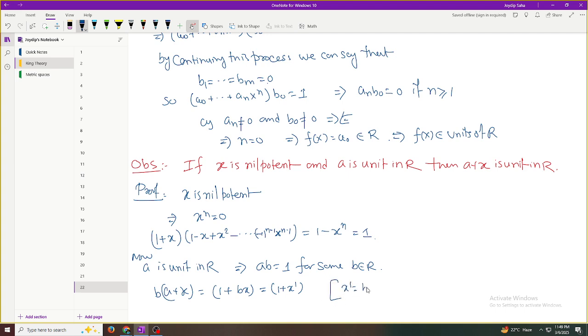x dash equals bx is also nilpotent, as x dash to the power n equals b to the power n x to the power n, since rings are commutative. This is not true in a non-commutative ring.